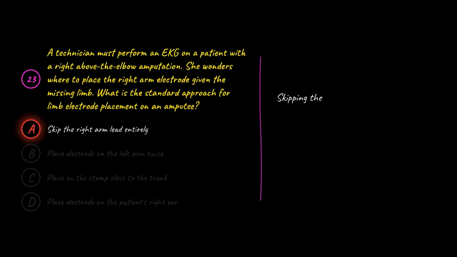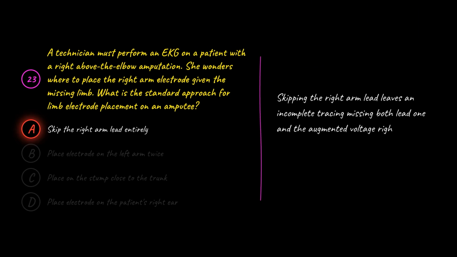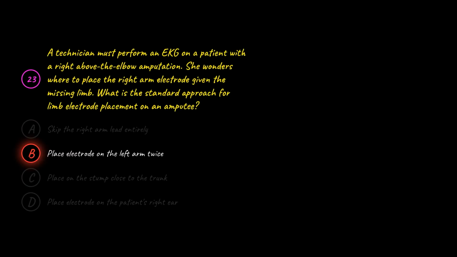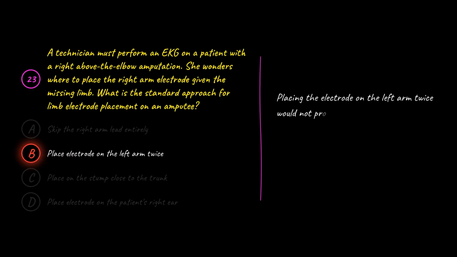A is wrong because skipping the right arm lead leaves an incomplete tracing, missing both lead 1 and the augmented voltage right arm view. Incomplete data forces the interpreter to work with less than the standard set. B is wrong because placing the electrode on the left arm twice would not produce the right arm signal needed for the standard limb leads.